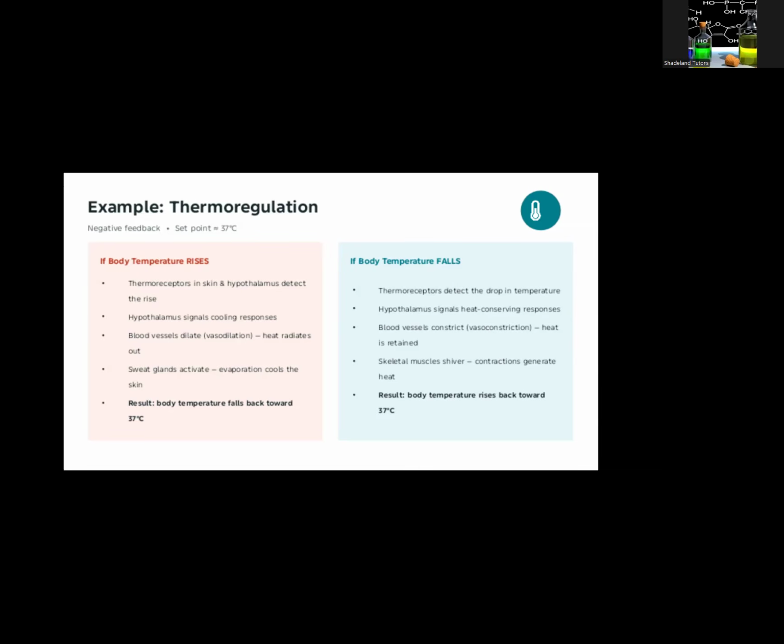This blood is carrying the heat that the body has. It leads to the sweat glands being activated and sweat starts being produced. Once sweat is produced, evaporation of the sweat from the skin surface will cool the skin. With that, the body loses heat, so that the temperature can fall back towards 37 degrees Celsius.